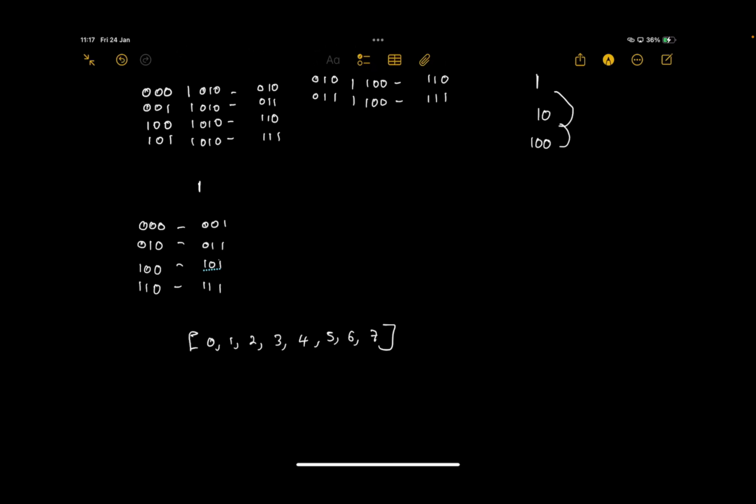So we're looping, 000 XOR 010. Get 010. What next? So now I'm going to check if the first guy, which is 000, is less than the pair I found, less than the 010.